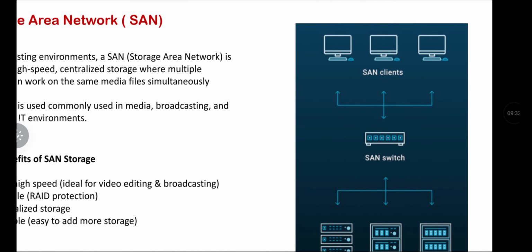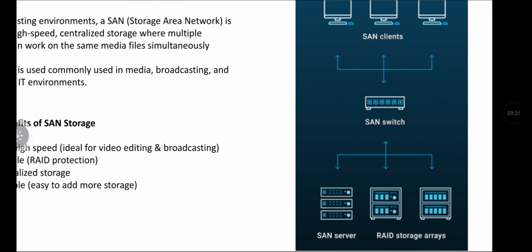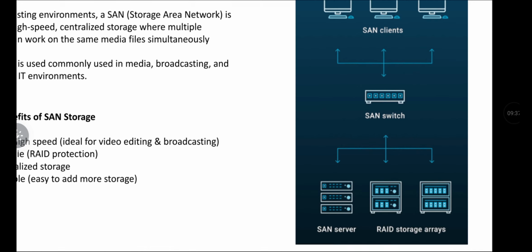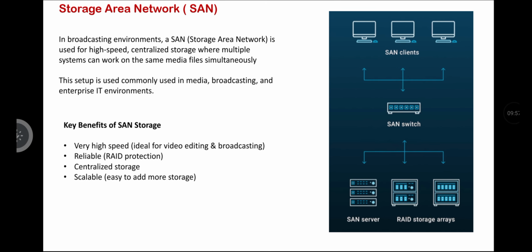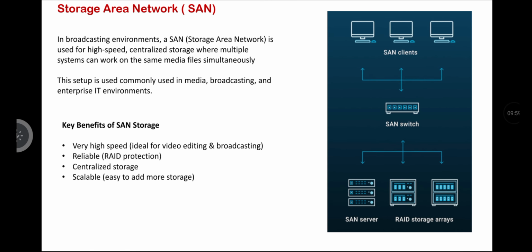Now here, if you see on the top, SAN clients are there, which are connected to the SAN switch, and then the SAN server is there, and the RAID storage array is there at the bottom of this diagram. So here we conclude that it has high speed centralized storage where multiple systems can work on the same media files simultaneously.